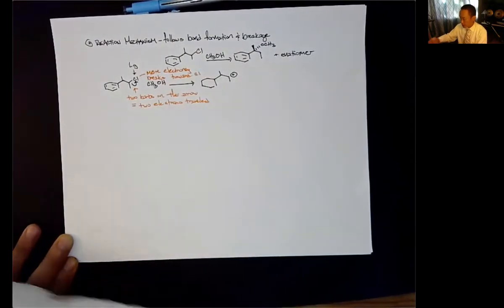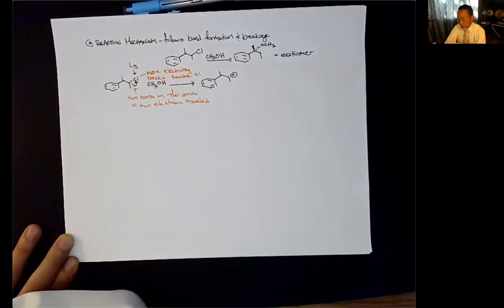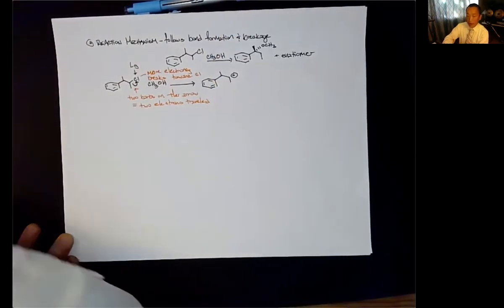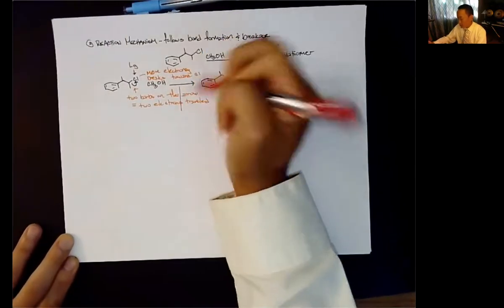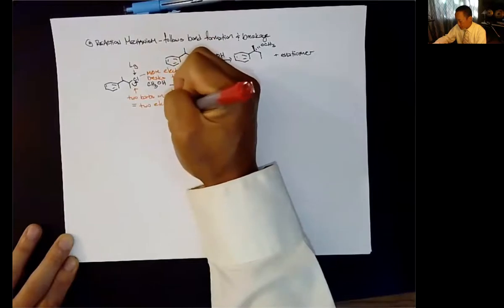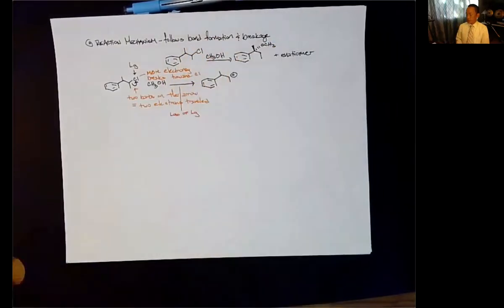Hopefully, some of this is a refresher from something you've seen before. And then you'll see that step, then we can also name this loss of leaving group. So we've been able to keep track of where the electrons had to go in order for us to lose our halogen atom. And this type of mechanistic step is called a loss of leaving group.